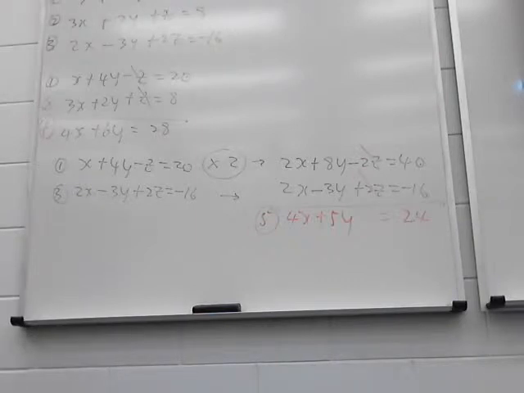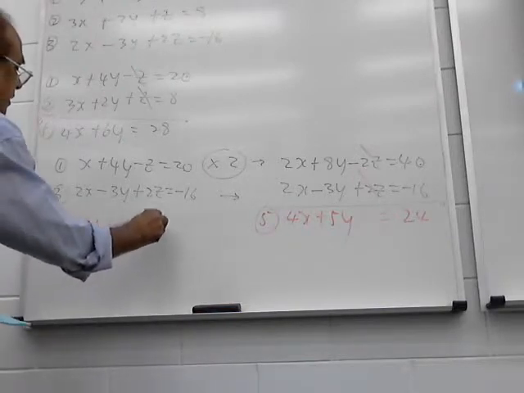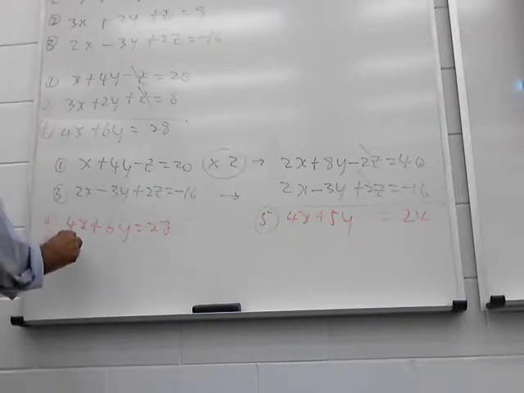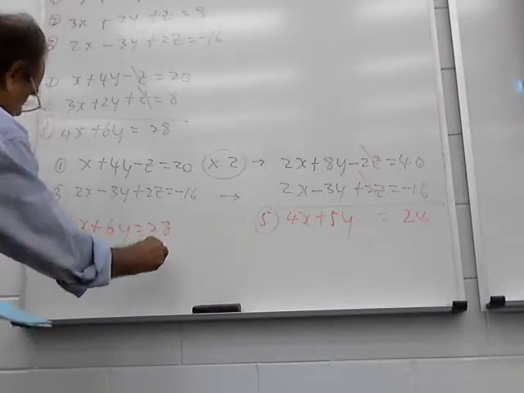So I'll put those two together: 4x plus 6y equal to 28, and I use here 5, 4x plus 5y equal to 24.